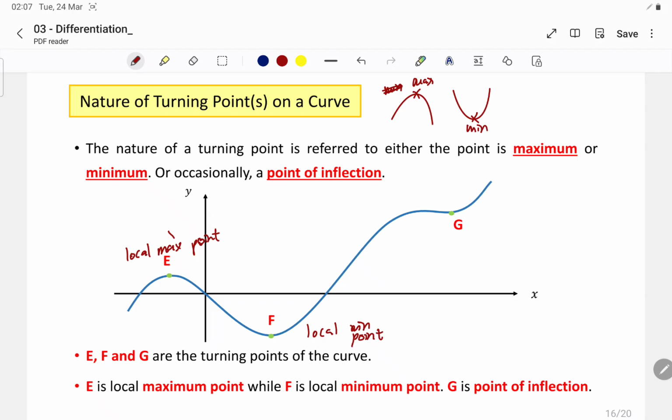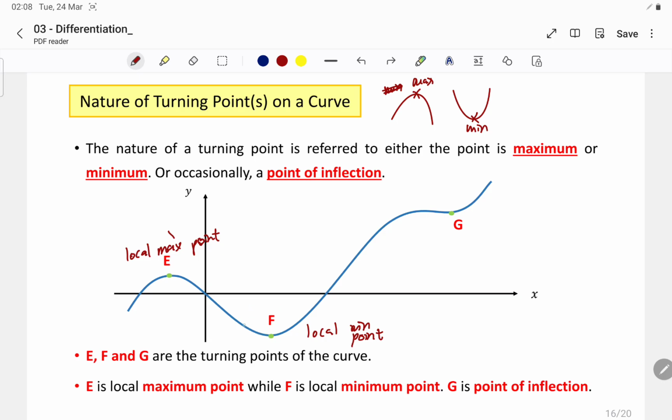At G also, if you see, it suddenly decreases and then increases. This is also a turning point, but inside turning points, it does not only have maximum and minimum, it has a point of inflection as well. So G here is actually a point of inflection. What does it mean by a point of inflection? It is similar to E and F, where it can go up and down, or down and up, or increase to decrease, or decrease to increase, but it doesn't bend a lot.